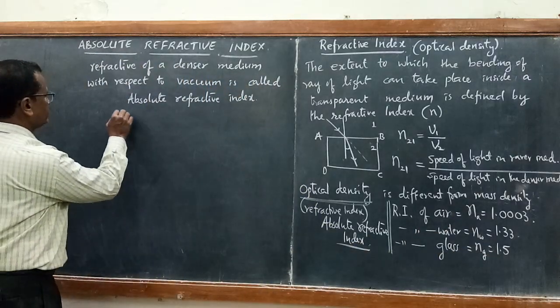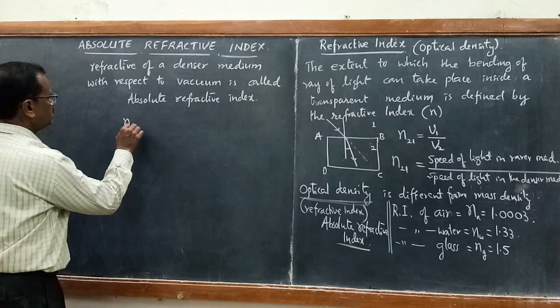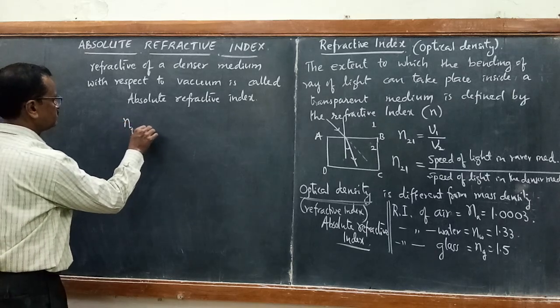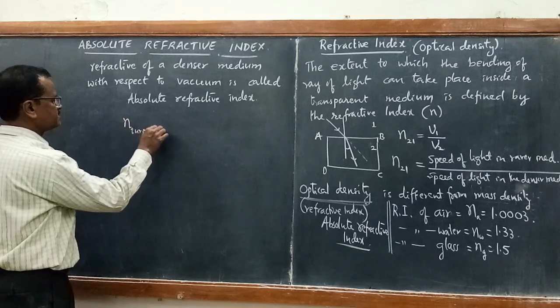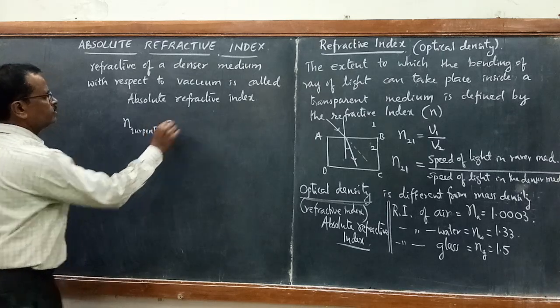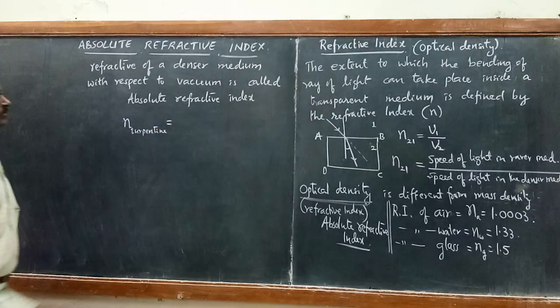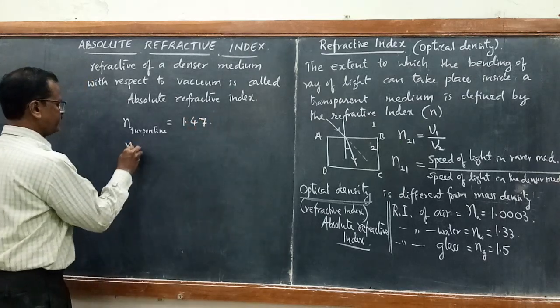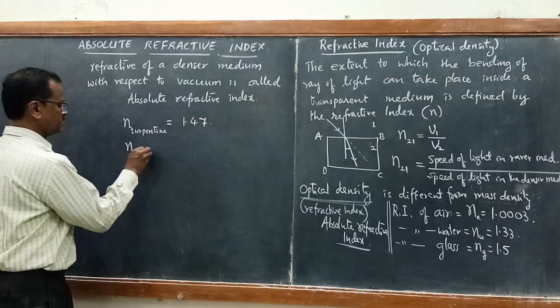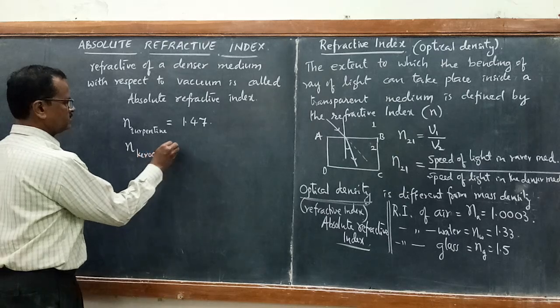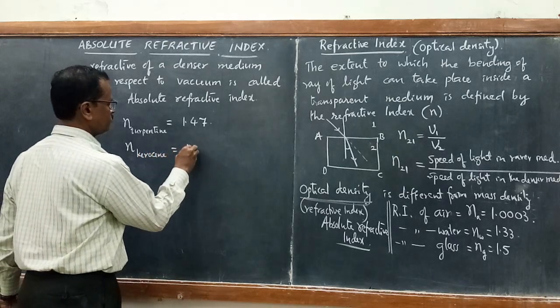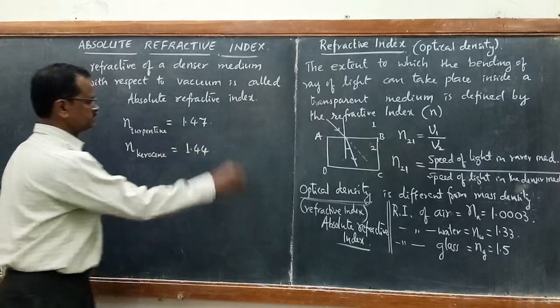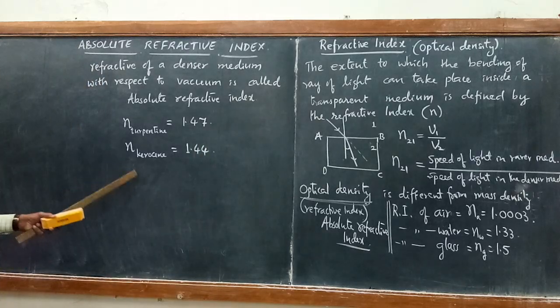Like that, refractive index of turpentine with respect to vacuum is 1.47. Refractive index of kerosene is 1.44. So now you can compare kerosene with water.